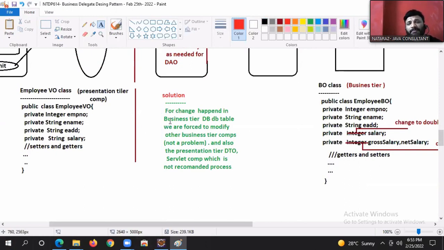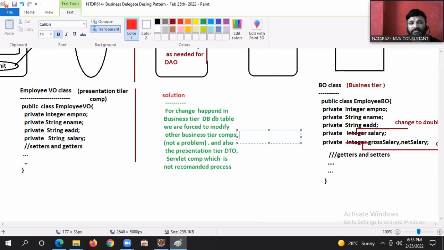For a change happened in the business tier DB table, we are forced to modify other business tier components, like DTO, BO, DAO, business delegate, right?